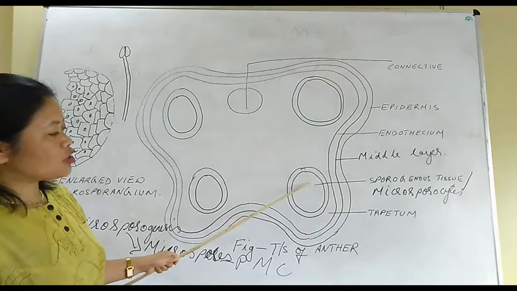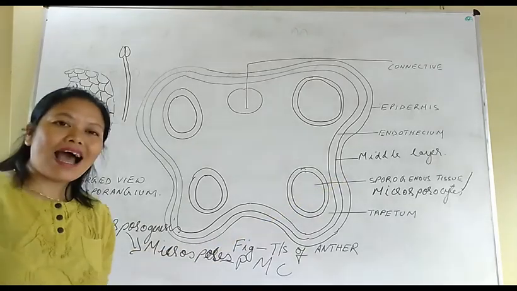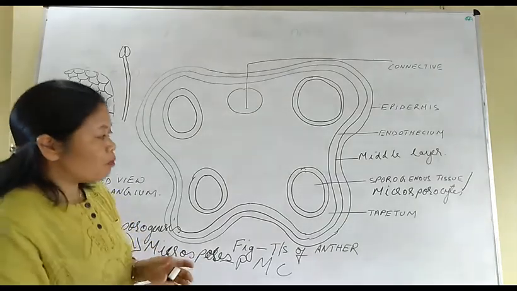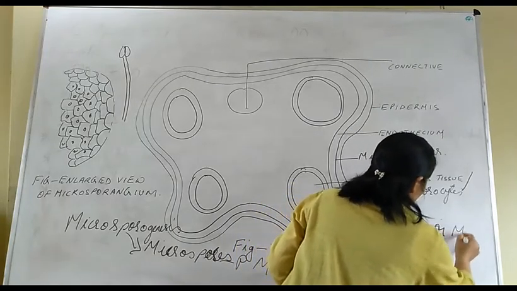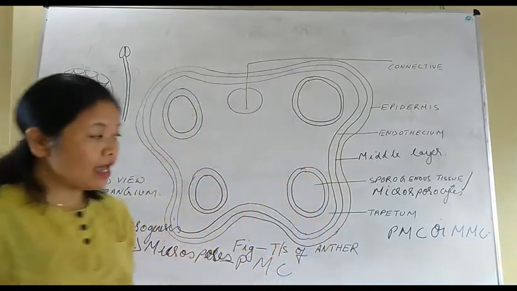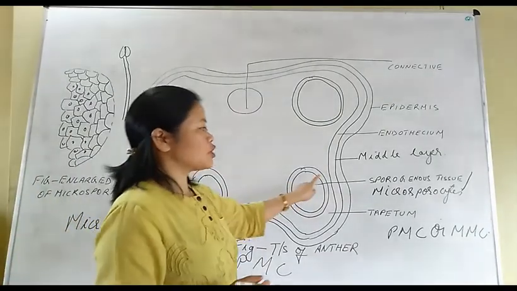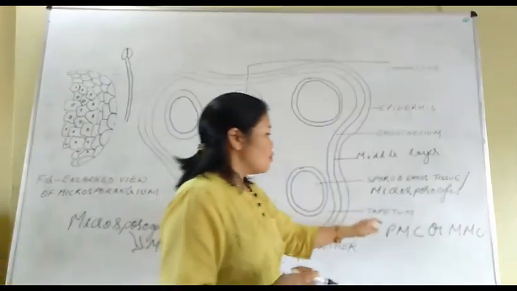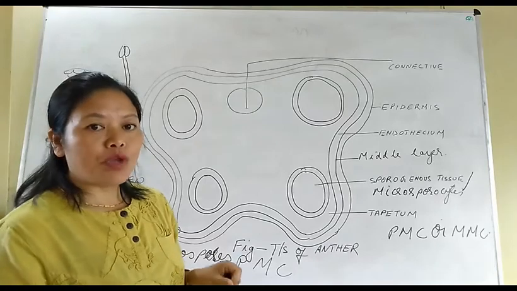Each microsporocyte, or sporogenous tissue, undergoes mitotic division and gives rise to a number of pollen mother cells or microspore mother cells. And they undergo meiotic division.